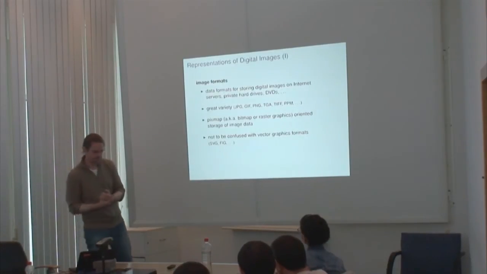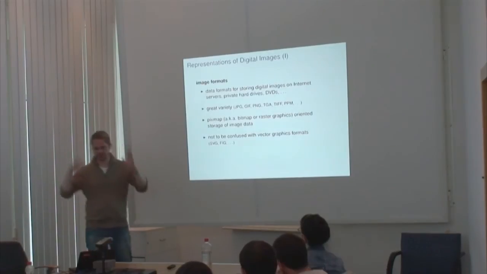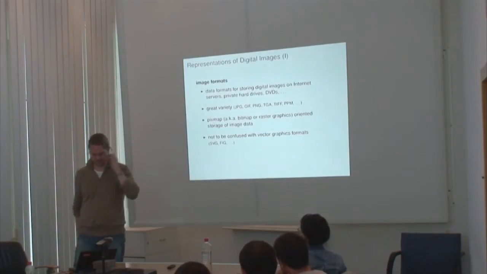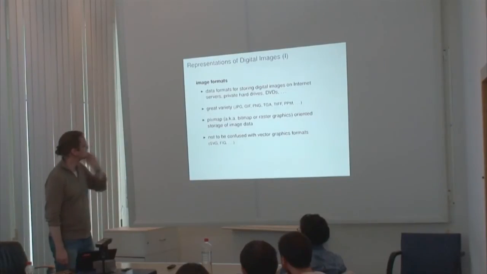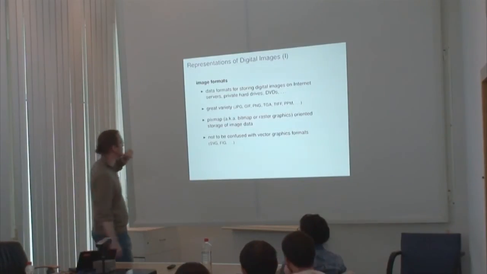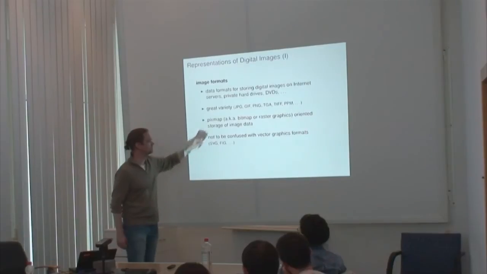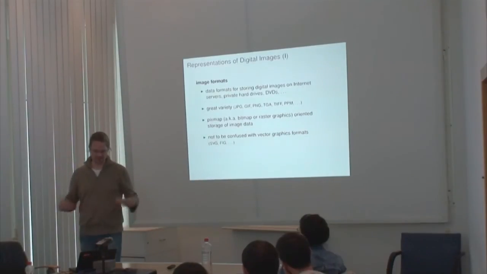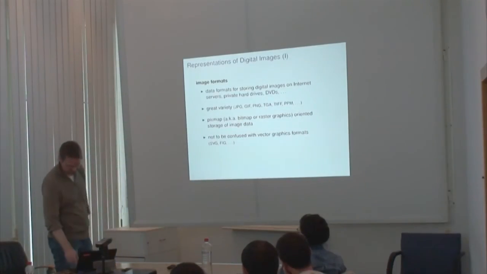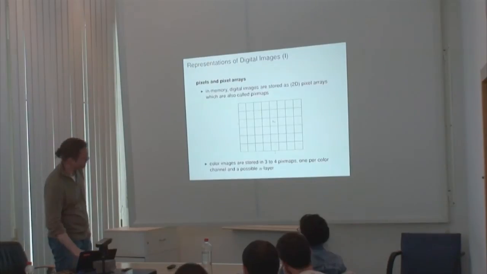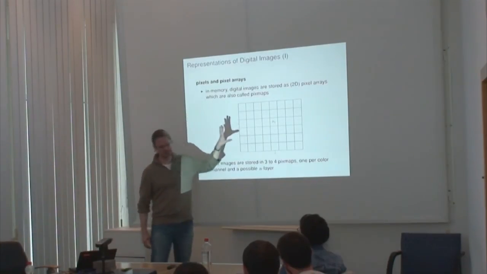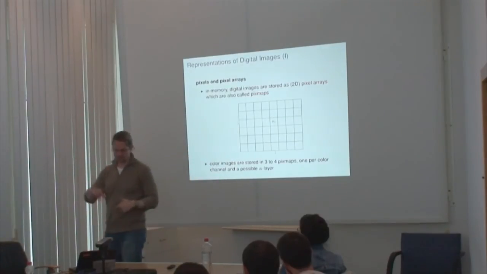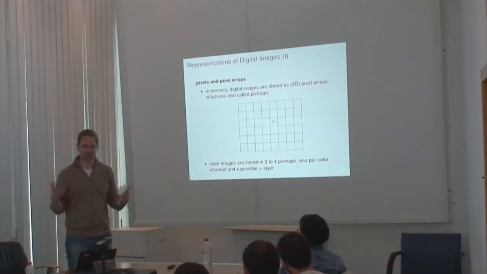And there's a great variety. We already saw JPEG, GIF, PNG, TGA, TIFF, and so on. The ones I show you here are also called pixmap formats, or raster graphics, or bitmaps. And this is because they all start with the idea that a digital image is such a pix map, such a matrix of pixels.